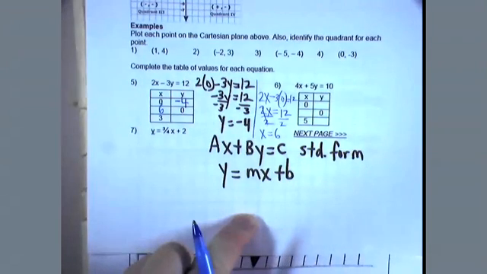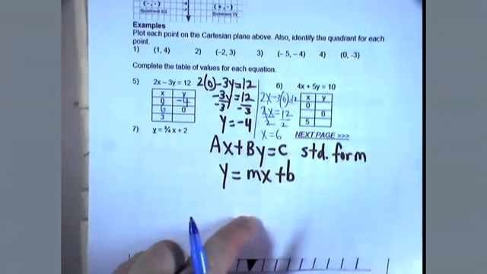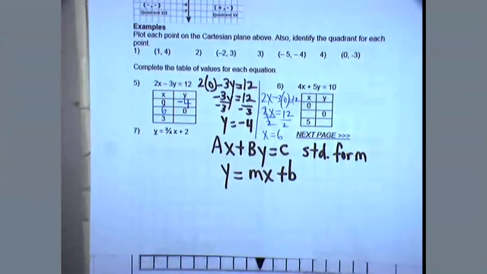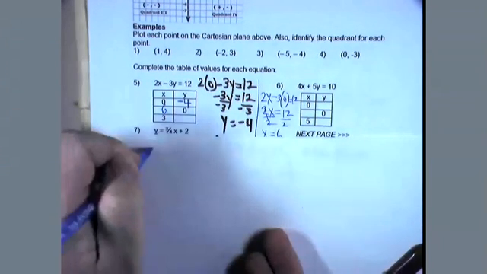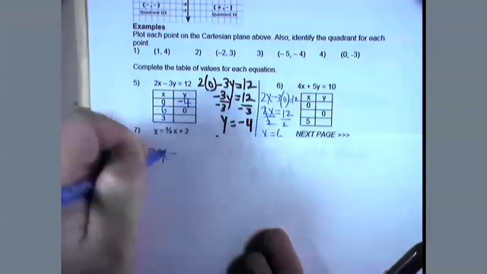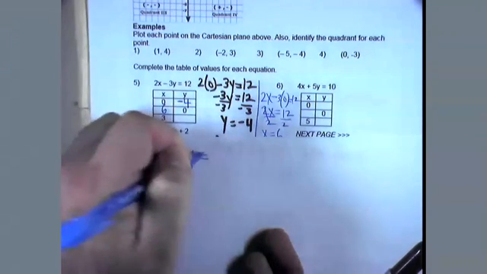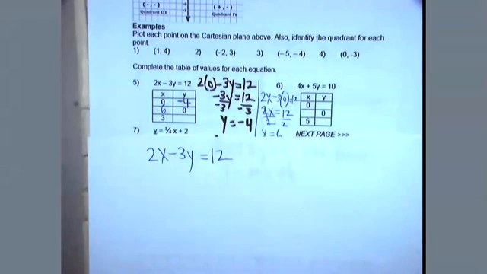The last line, we're letting x equal to 3 now. Now we need to find the corresponding y value. So here's our equation. And wherever we see an x, replace it with 3 now.